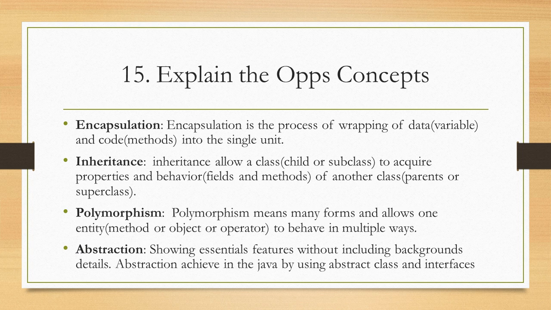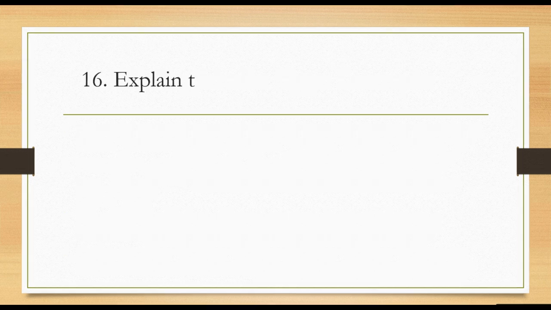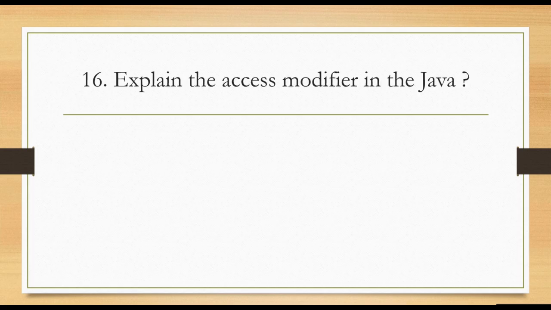There are many real-time examples of abstraction, like a TV screen, ATM machines, and a car display. All those are examples of abstraction. We don't know what is behind the scenes, we know only the essential features, so that is called abstraction.